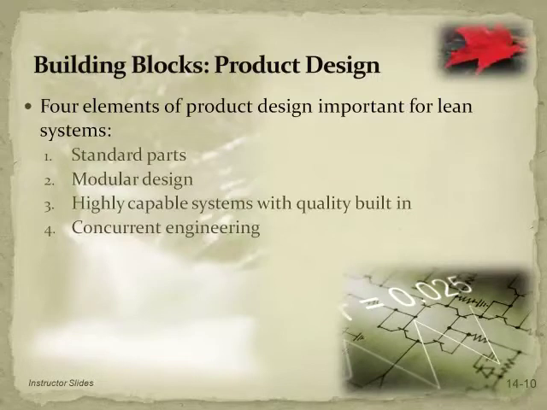Once again, the engineers that design the product, if their design does not lend itself well to lean manufacturing and to quality, it's very difficult, if not impossible, to achieve that. So what are some of the things that the engineering folks could do along these lines?